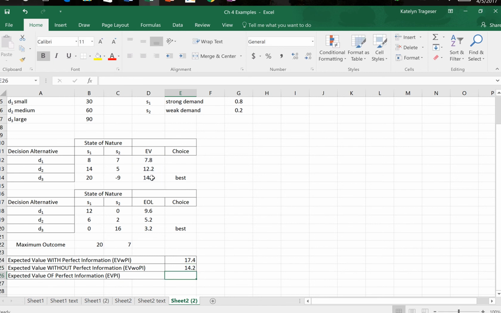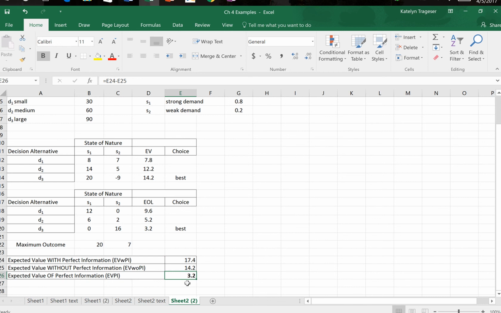So then the expected value of perfect information. If we had perfect information, what could we expect to earn? How much more could we expect to earn based on having perfect information? So equals the value with perfect information less the value without perfect information: $3.2 million.